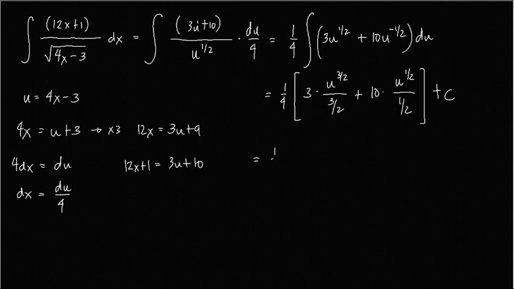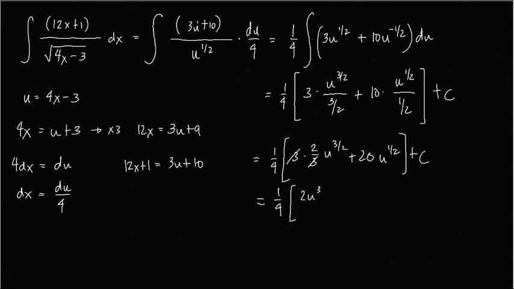So we have 1/4 times 3 times 2/3 u raised to 3 halves plus 20 u raised to 1 half plus c. So the 3 will cancel here, leaving us 1/4 times 2u raised to 3 halves plus 20u raised to 1 half plus c.